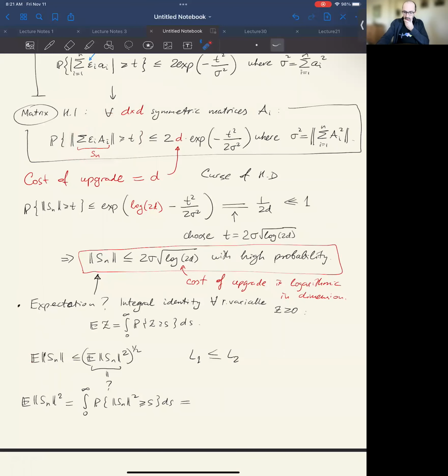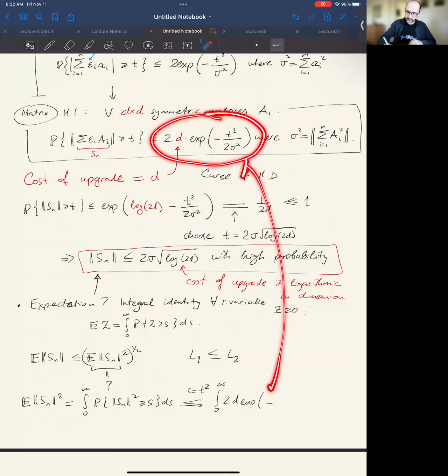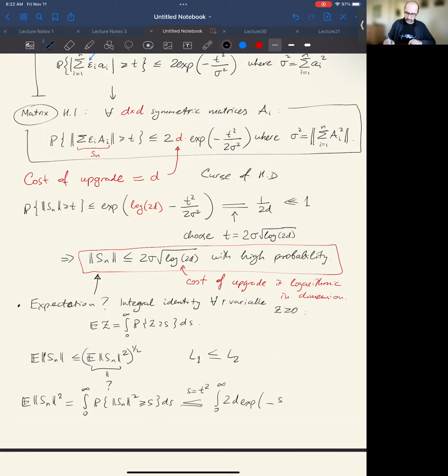So let's apply Höfding's inequality with T being root S, S being T squared. Literally I'm applying Höfding's inequality. So that becomes the integral of 2d e to the minus T squared over 2, where T squared is S over 2 sigma squared, ds.